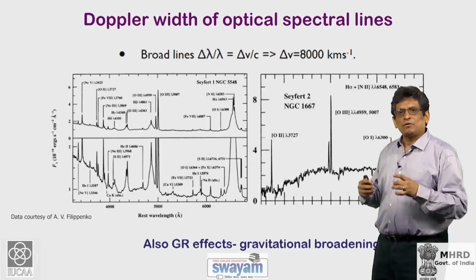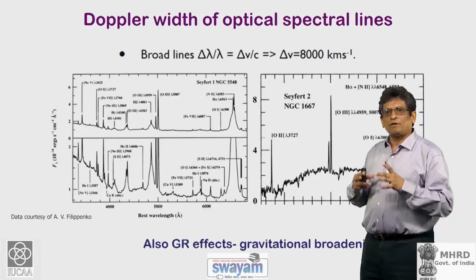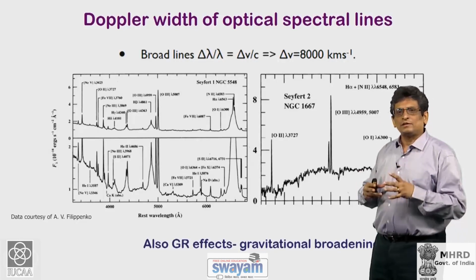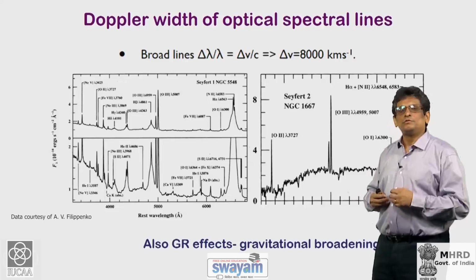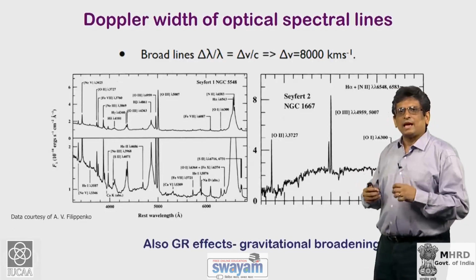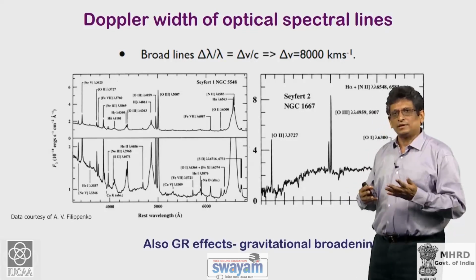And this can be caused by just the dynamical effects as well as the gravitational effect of the black hole in the middle. Both the Doppler broadening and the gravitational broadening contribute to the broadening of the emission lines, and that gives us a way of measuring the mass of the black hole that is causing it.